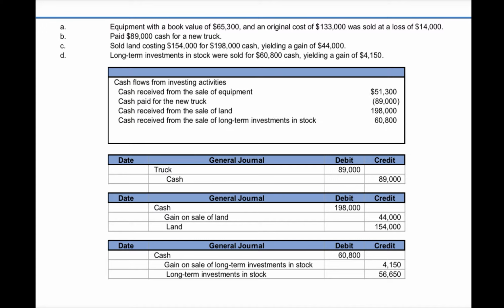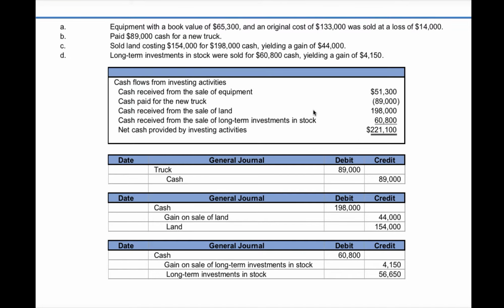So we basically looked at all relevant transactions, recreated them, and looked, okay, how much does each of these transactions touch the cash account? Then we pulled the cash effect of each one of those reconstructed transactions out, and basically stuck it into cash flows from investing activities here, and that is what allowed us to sum out here.